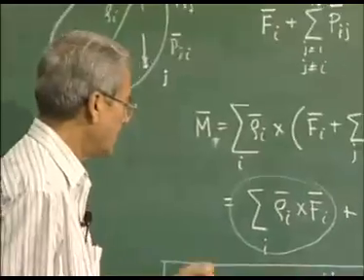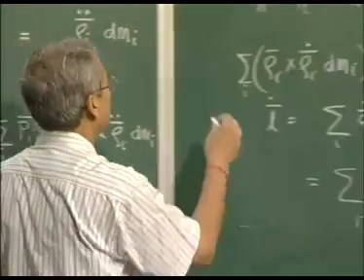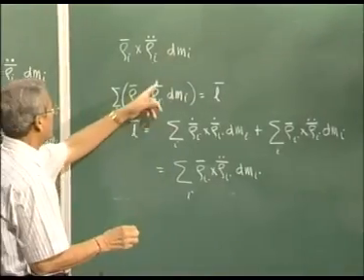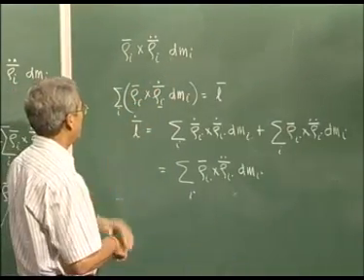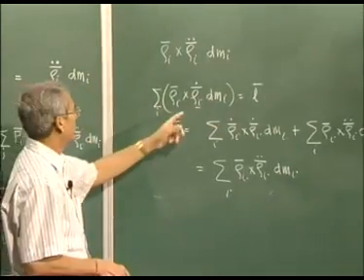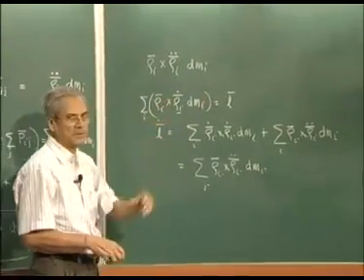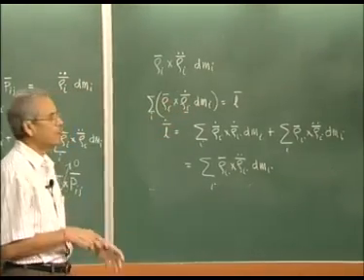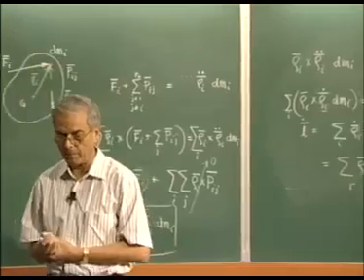To show this, what we start with is that rho i dot is the velocity of the particle. When multiplied by dmi, we get the linear momentum of the particle. So rho i cross the linear momentum is by definition the angular momentum.